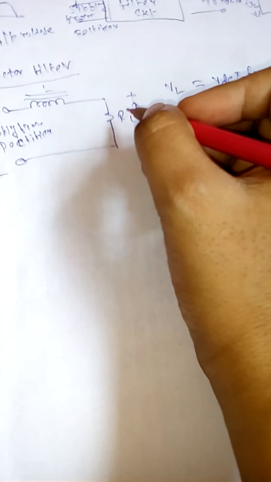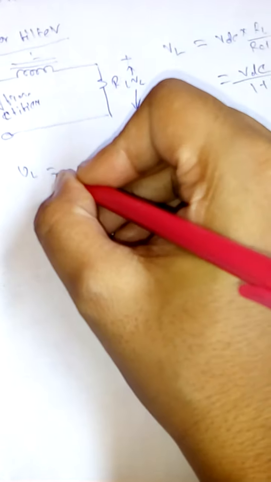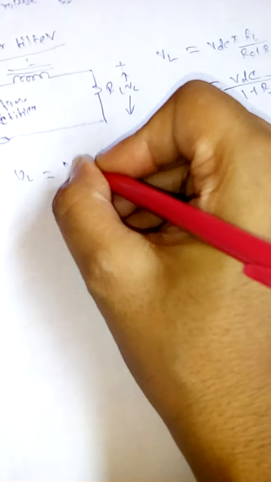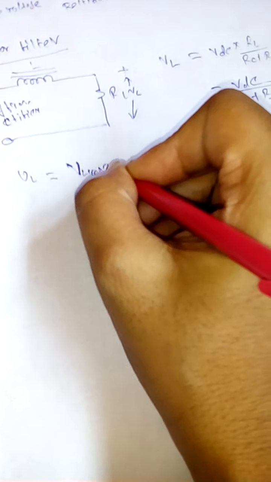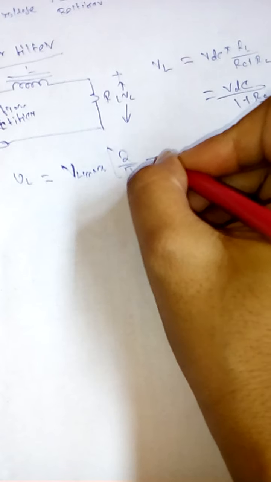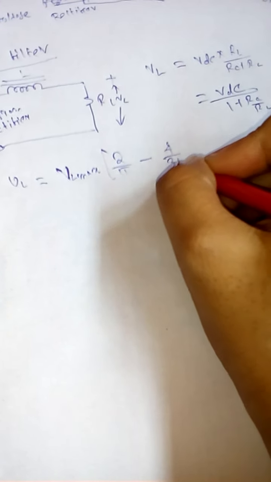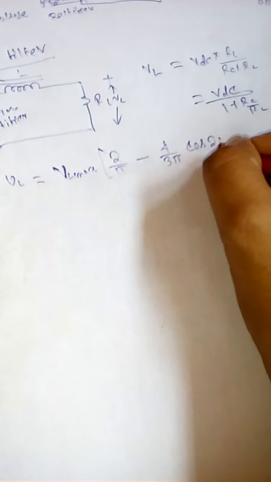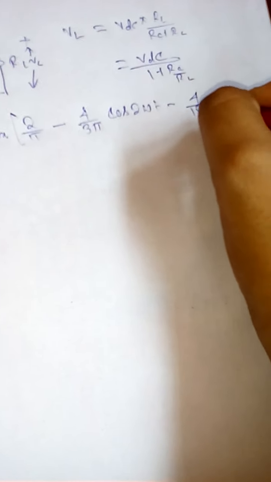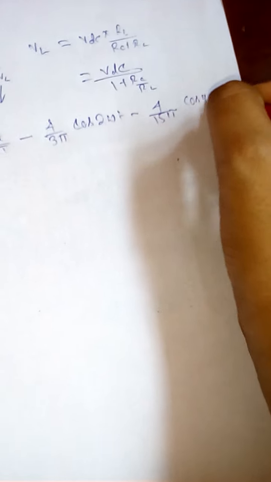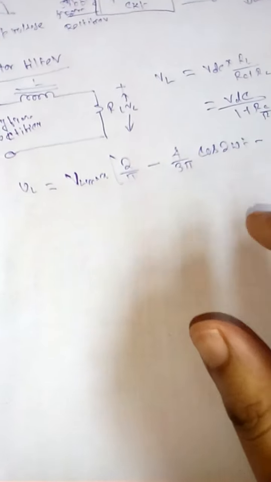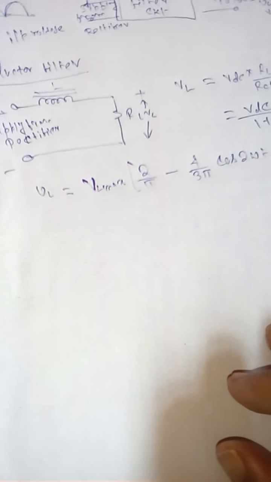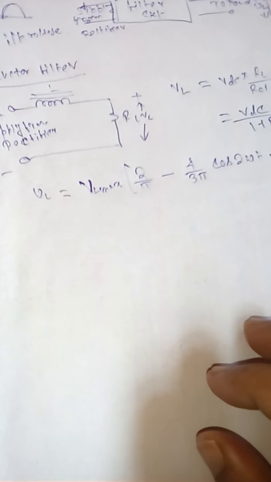The Fourier series of the rectifier output is given as VL equal to VL max times 2 by pi minus 4 by 3 pi cos 2 omega t minus 4 by 15 pi cos 4 omega t minus and so on. Since the reactive component increases with frequency, better filtering of the higher harmonic components takes place.